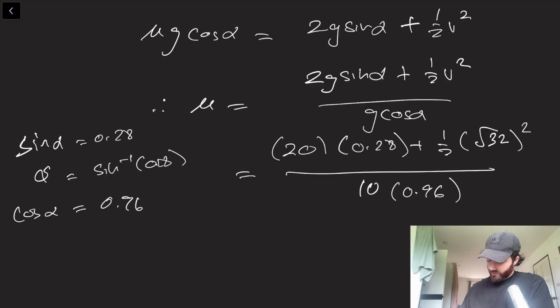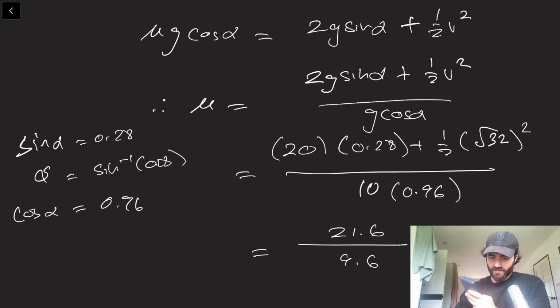So square root of 32 squared is 32 divided by 2 plus 20 times 0.28. So this is 21.6 divided by 9.6. Oh, this seems wrong. Nine over 4.